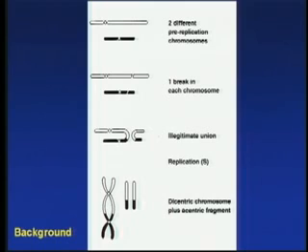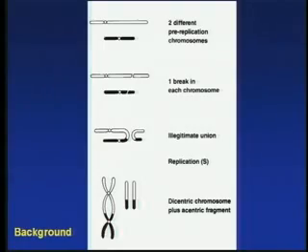This is called an illegitimate union, and you wind up with a piece of chromosome with two centromeres. So you have a dicentric chromosome plus an acentric fragment, the fragment without any type of centromere. This is the one type which involves two pieces of chromosomes.